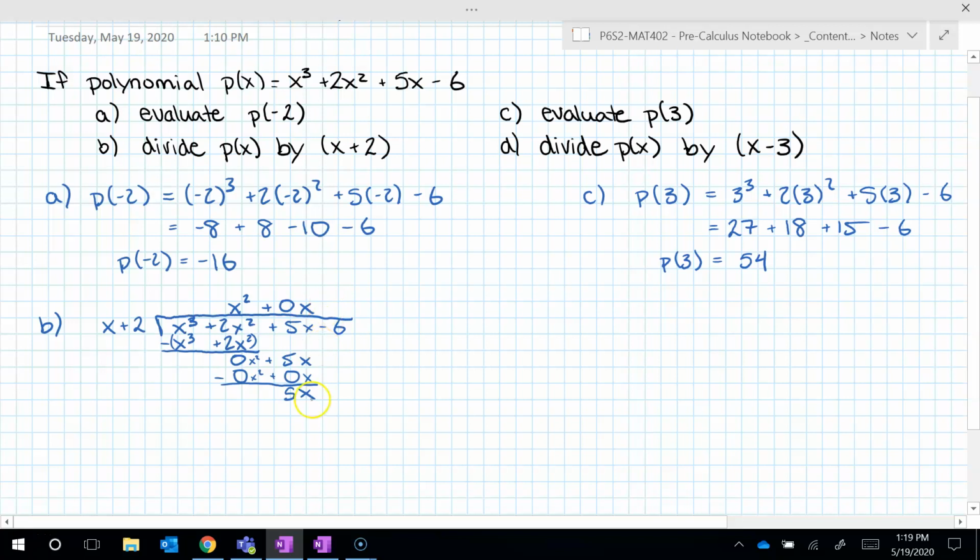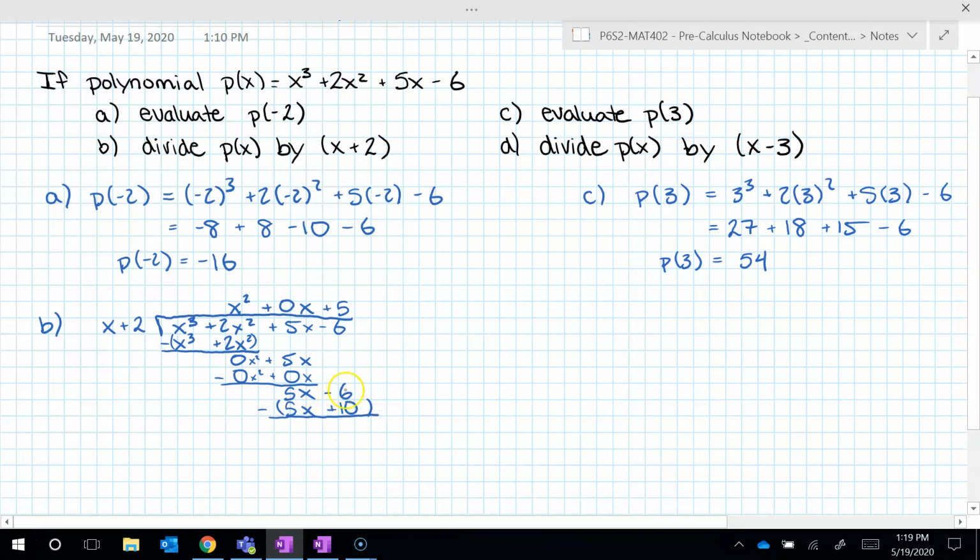So last thing, I need to make the 5x minus 6. Well, how many times do I need to multiply x by to get to 5x? It's going to be 5 times. So 5 times x will make the 5x's that I need. 5 times 2 makes 10. When I get rid of that, though, it looks like I overshot this thing.